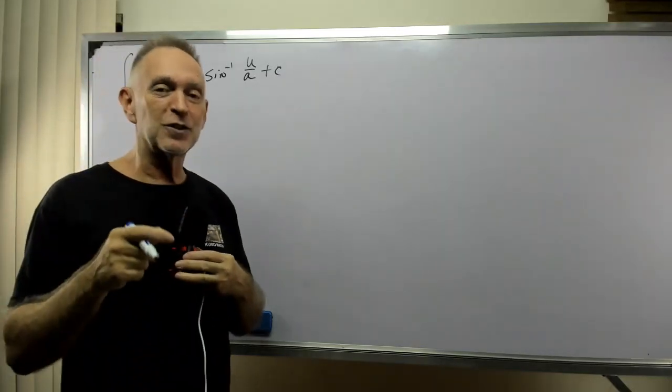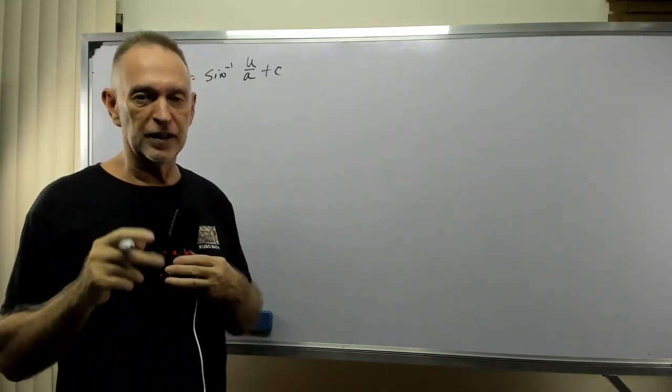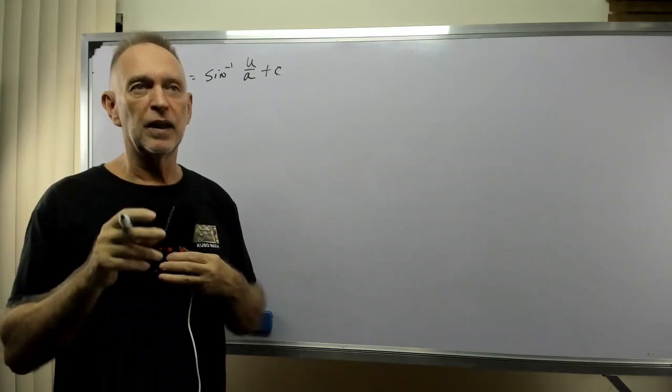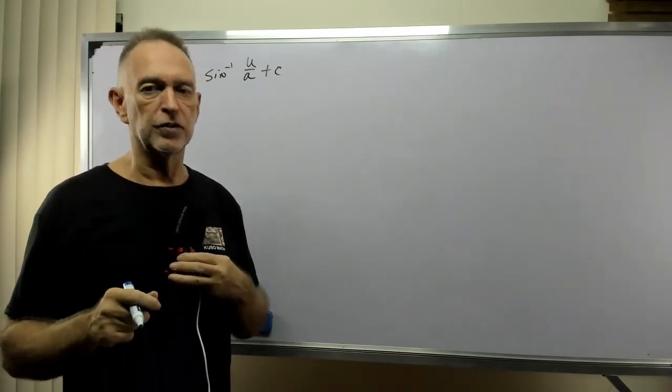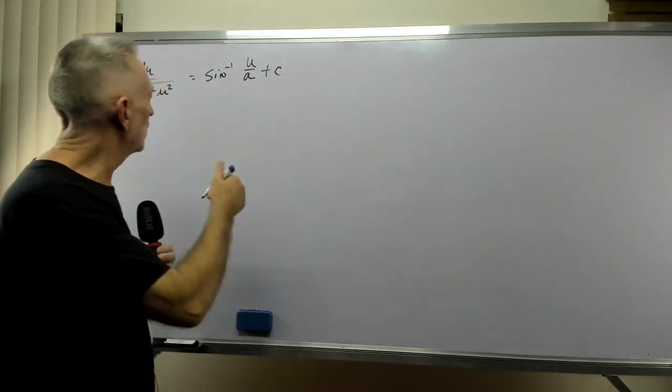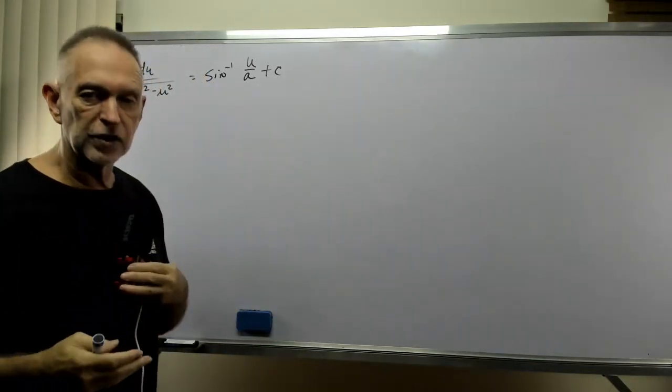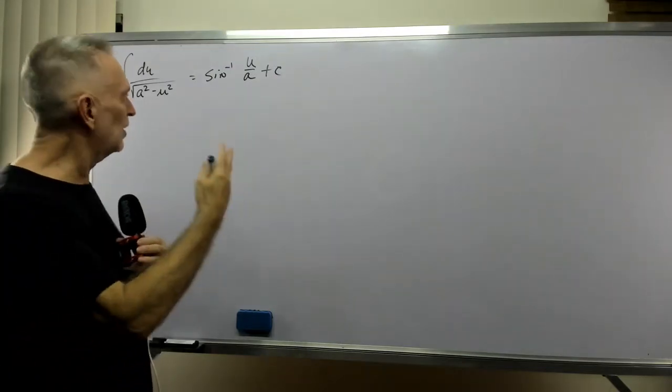This is a Calculus 2 video dealing with the integrals associated with inverse trig functions. I have one up here, and I'm always curious as to where that came from.